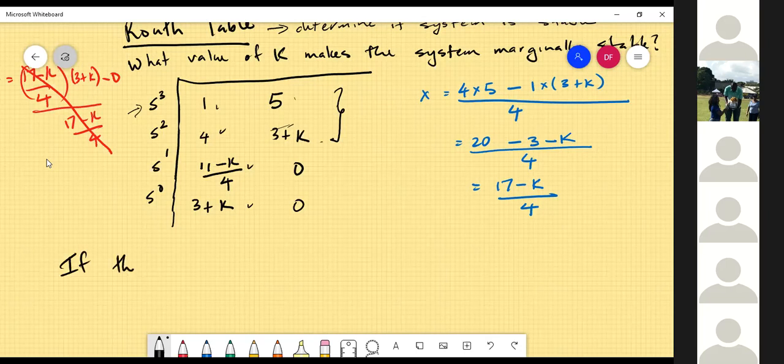Our concern right now is if there is a 0 in the first column, then the system is marginally stable.